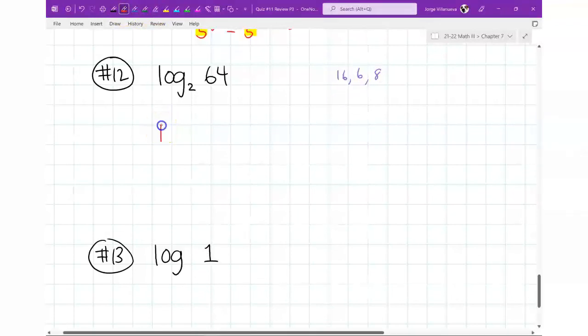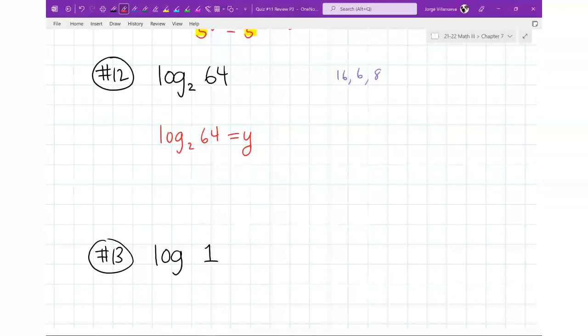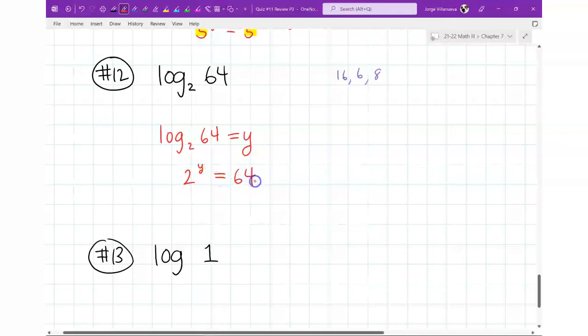So we got log base 2 of 64. I'm going to set it equal to y because I want to make sure it's set equal to something. My base is 2, my power is y, so I'm going to write it 2 to the y equals 64. And by the way, I know some of you guys don't have calculators, so we'll forgive any mistakes in case of calculation errors, because we do have 3 different answers here.